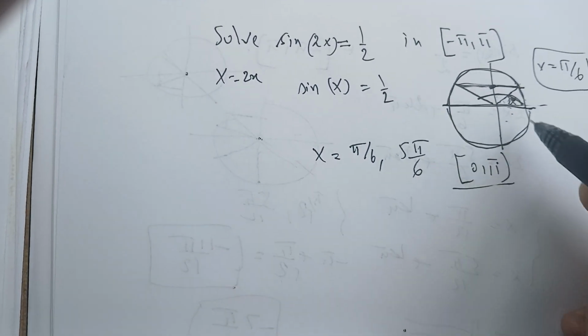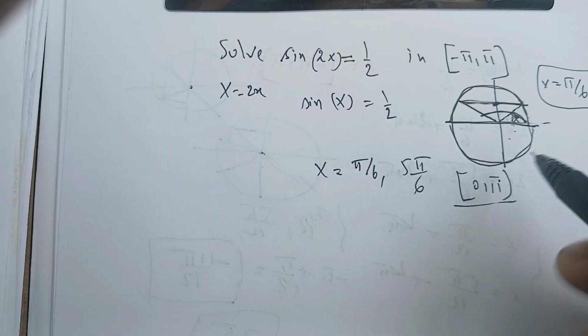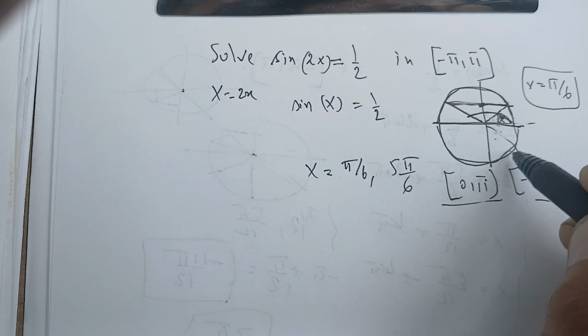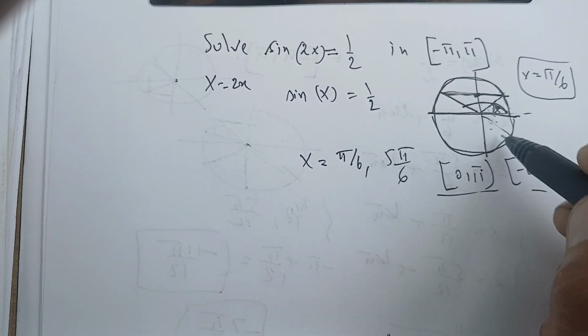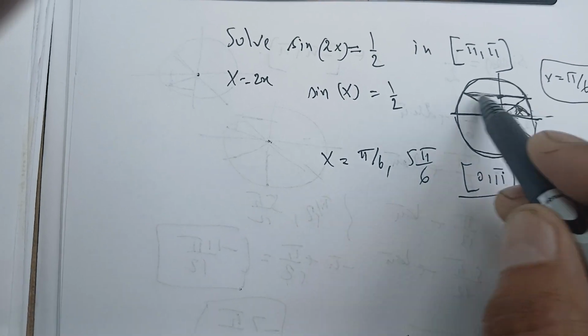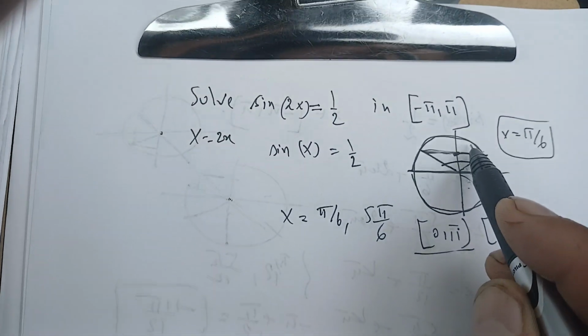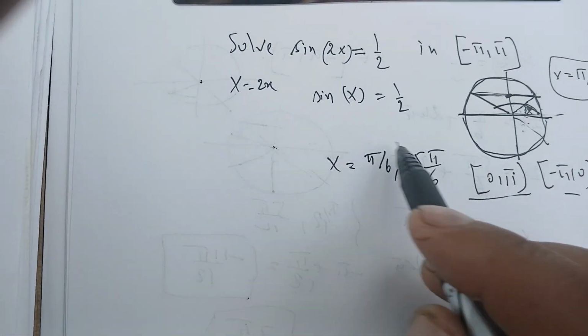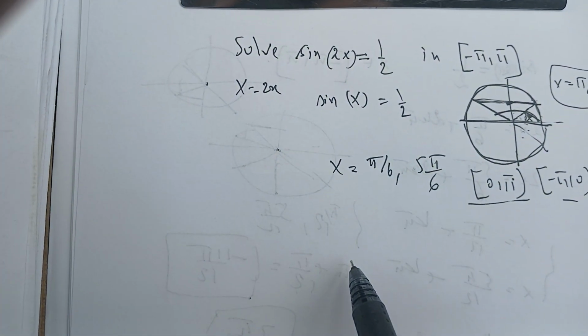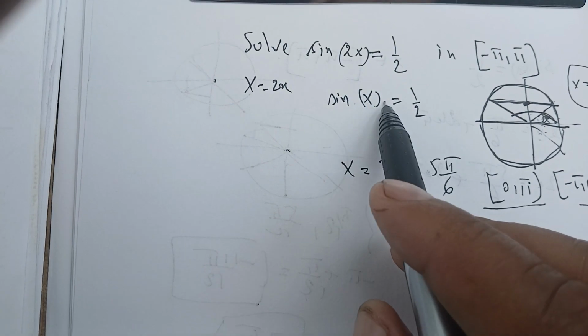When we are down here, we have to express it negatively, in minus pi to 0. That means we are going this way, and all the angles are going to be negative. Since these two angles are in the upper half, they are positively expressed. That means these are the solutions for this problem.